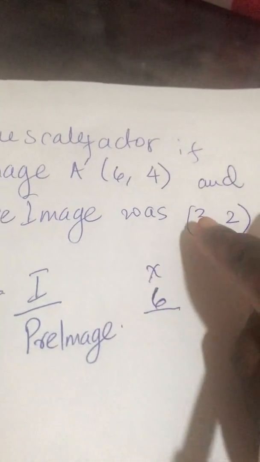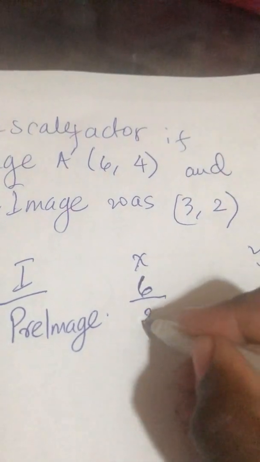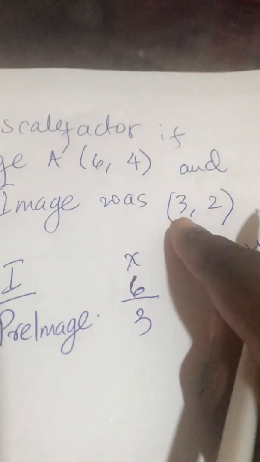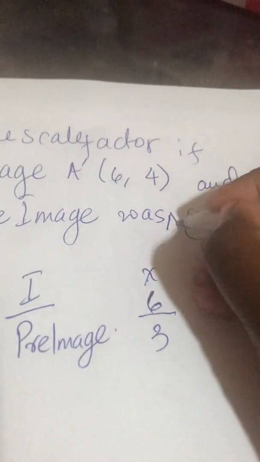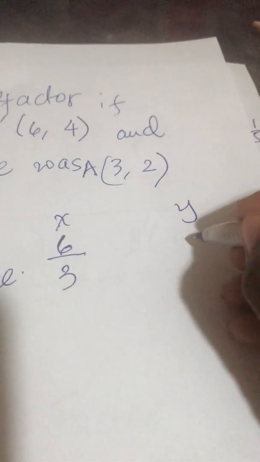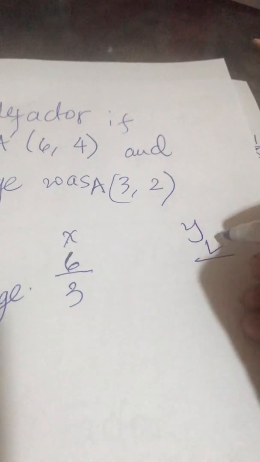My X for image is 6. My X for pre-image is 3. My Y for image is 4.